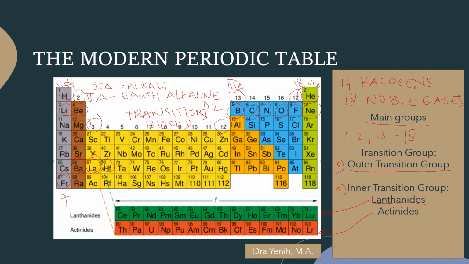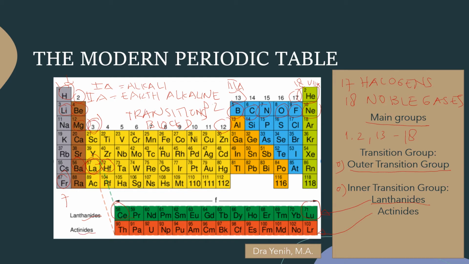Actually, the elements of the lanthanides are 58 until 71, cerium until lutetium. So the lanthanide series is inside group 3, behind lanthanum.